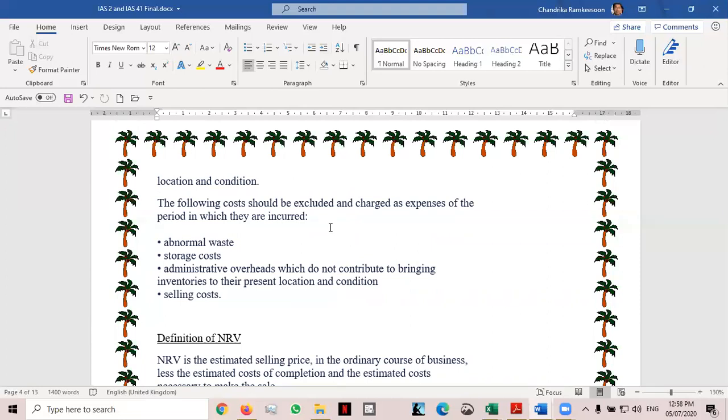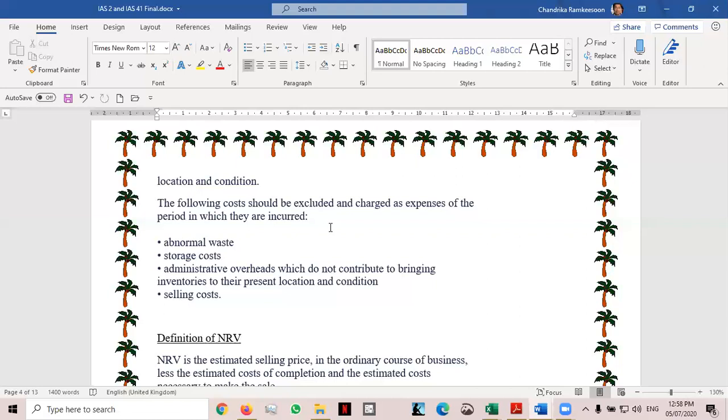I'll tell you why. Because when you did your absorption costing, you would have seen that with absorption costing, only costs which are actually related to the production of the item should be included. Remember, we are looking at production overheads. Admin overheads clearly are not production overheads.